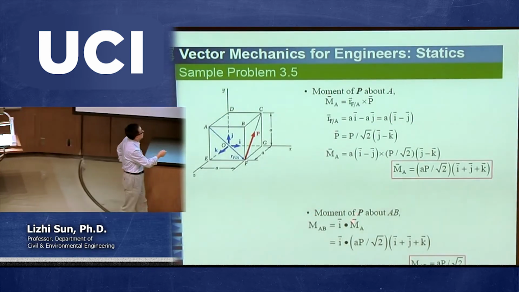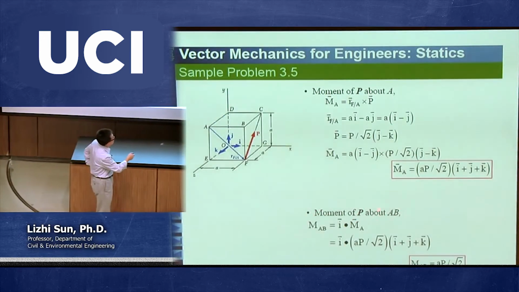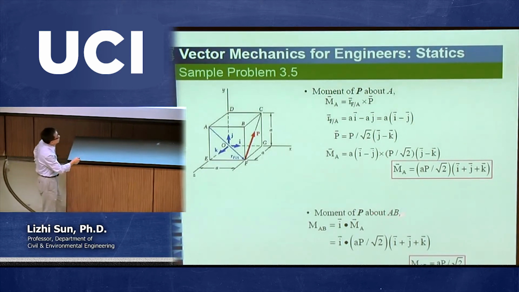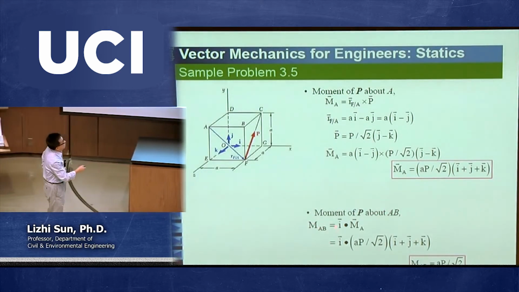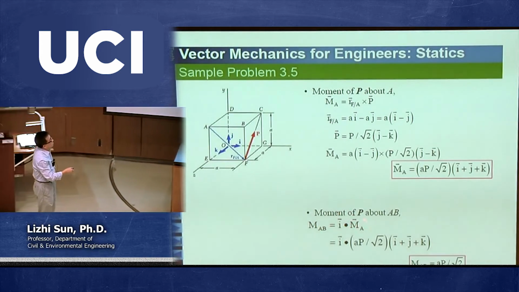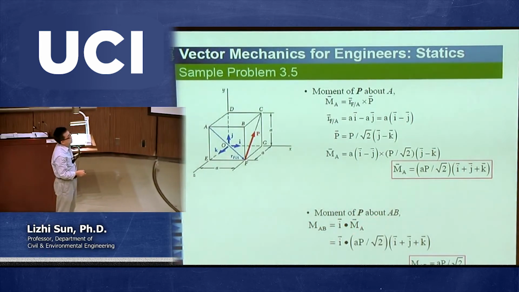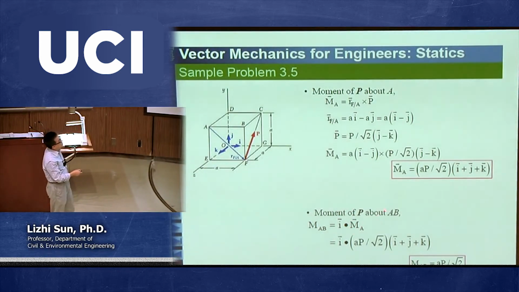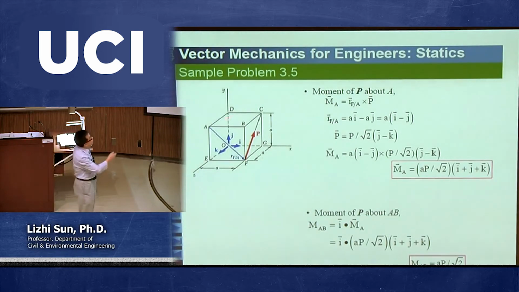The moment of this force P about the given axis AB, by definition, is lambda dot with R cross F. You can randomly pick any point you like along this given axis AB. So this is the given axis AB, and this is the force, right?